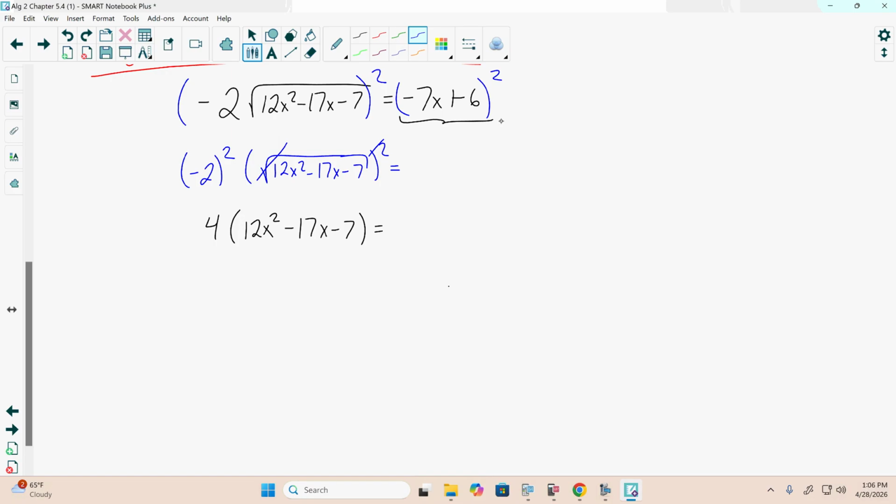But just like before, we've got to distribute that whole thing back out. 49x squared, because that'd be 4284.